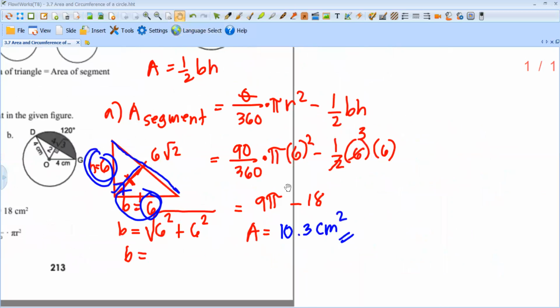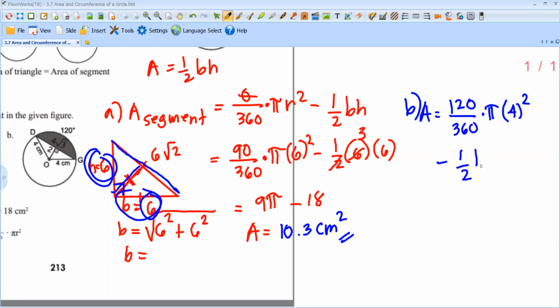So let us do letter B. The angle is 120 degrees. So the area of the segment is equal to 120 over 360 times pi, and then the radius is 4, minus half of base and height.